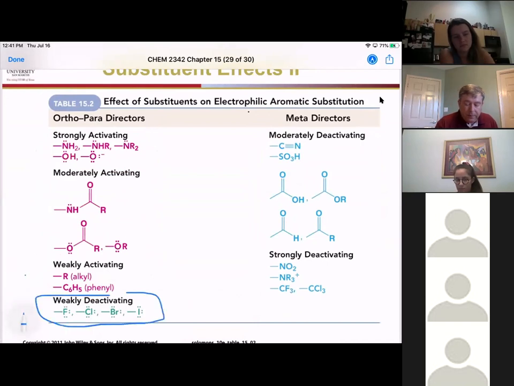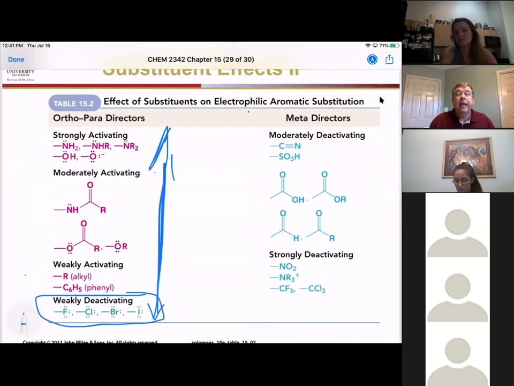They're ortho-para directors, but slightly deactivating. Okay. But everything else here, all of these ortho-para directors are activators. And it has everything to do with the inductive or resonance effect that gives more electron density to the benzene ring. The more electron density it has, the more likely it is to reach out and grab that positive charge.